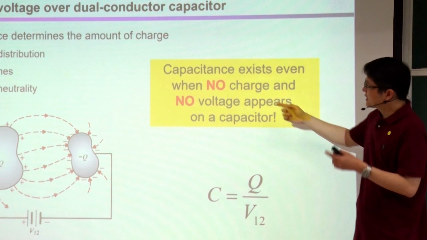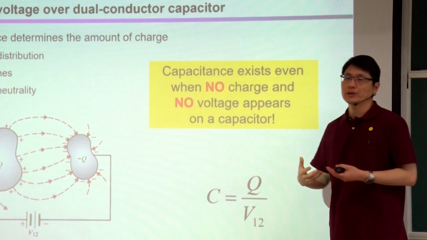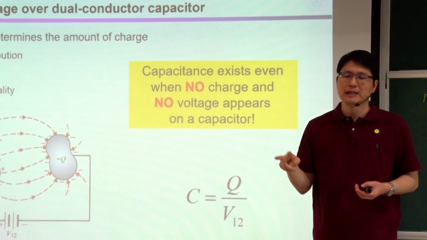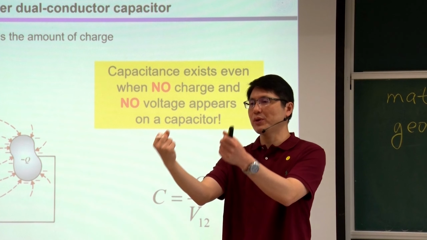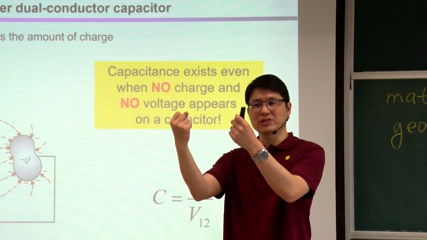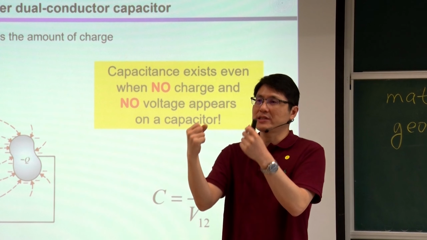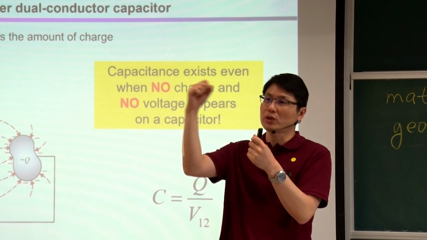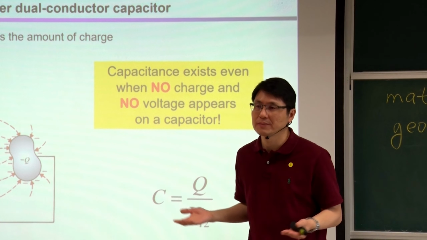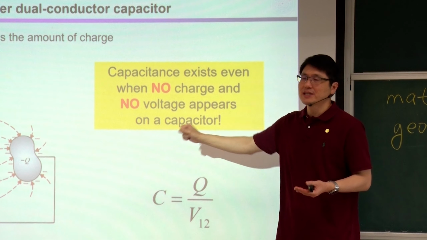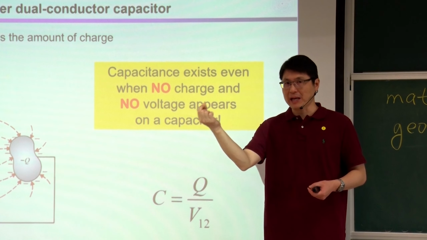Really no, because capacitance exists even though you do not connect it. The definition of capacitance only says that once you fabricate this guy, having its own material and geometry, it has its own capability to draw charge and develop an electric potential difference, and that's it. So even though it's not connected, you can still label it with its capacitance value.